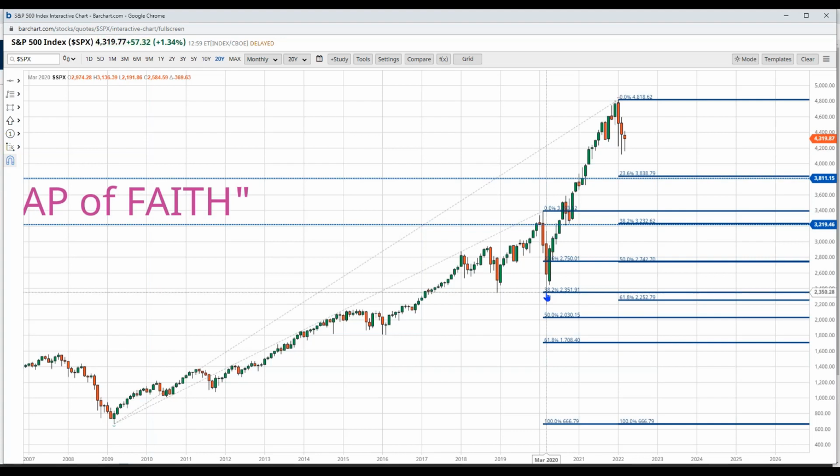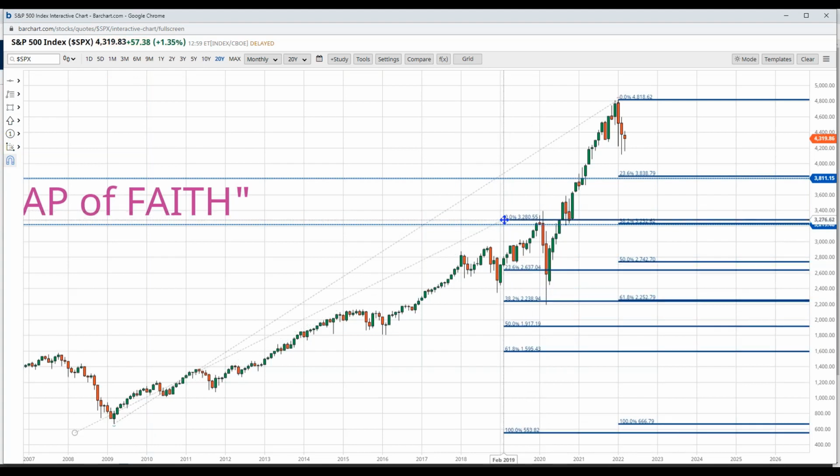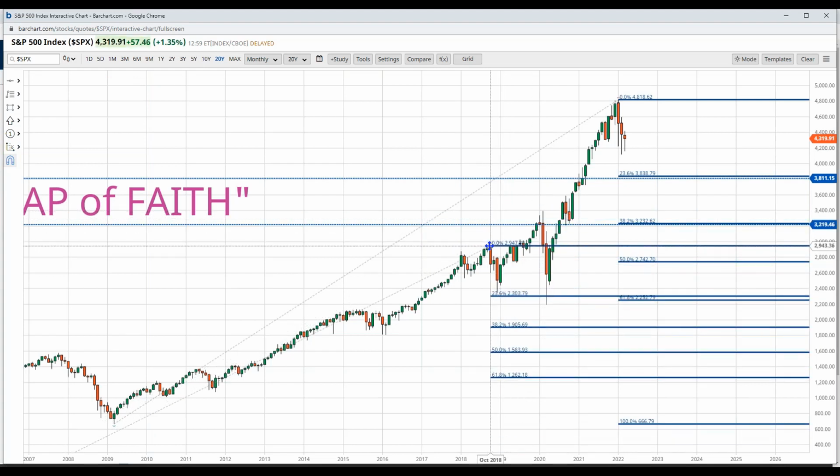And then price went higher. And I could just do it off of this one here. And then this little high here, notice we had a retracement of that 23%.